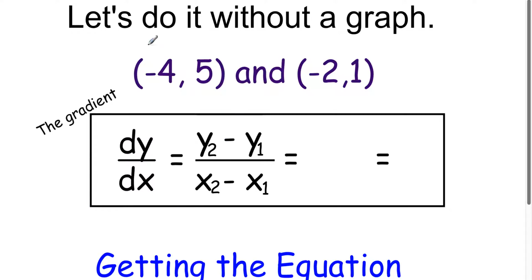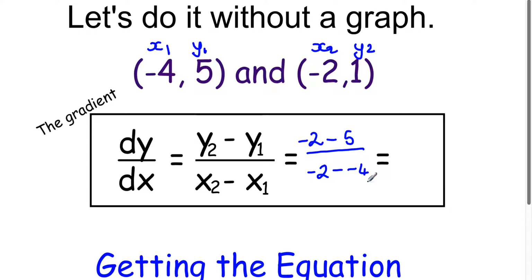Alright, so we're going to label this x1, and this one x2, based on the order. I'm going to label this y1, and this y2. So it's the difference of the y coordinates, so that's -2 subtract 5 at the top, and at the bottom we've got -2 subtract -4, so we have this double negative rule again.